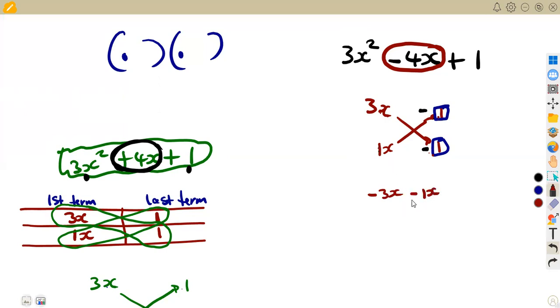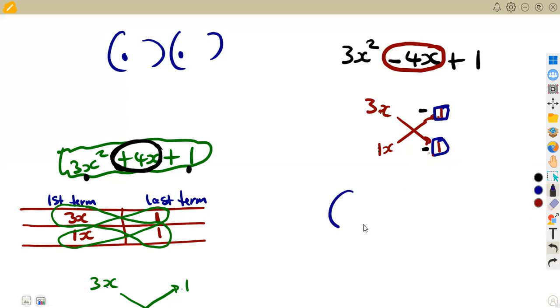So we subtract minus 3 minus 1. From your calculator, minus 3 minus 1 gives you minus 4, which is minus 4x, which is exactly what we have here. So it means these numbers this time are supposed to be -1 and -1.